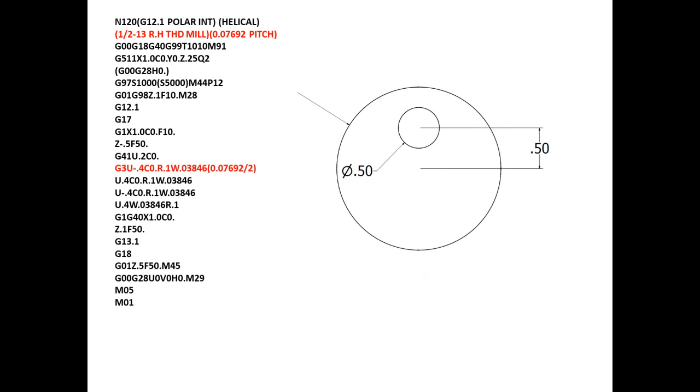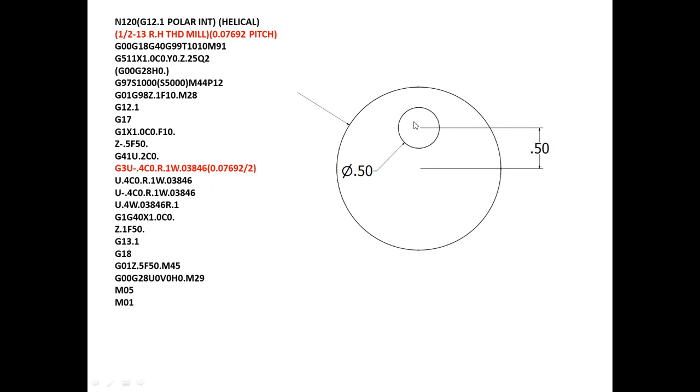So let's say you want to do a thread mill on the face. Here's the example: from the center line, half an inch away. I'll say this one is the X axis. So in programming, the center point will be 1 inch, X will be 1 inch, which I have G54, X 1.0, C0.